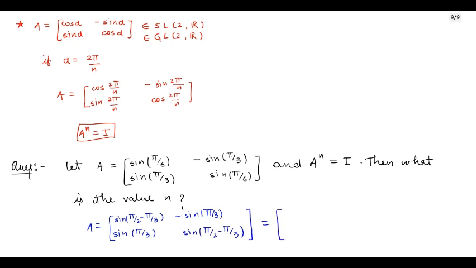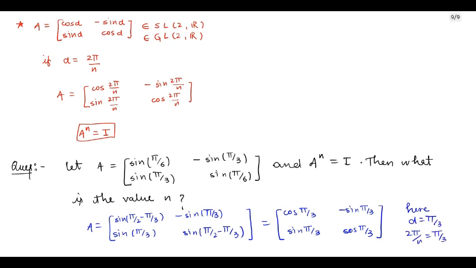So you get cos pi by 3, sin pi by 3, minus sin pi by 3, cos pi by 3. This is similar to A, here alpha is pi by 3. So we equate it with 2 pi by n for some n.